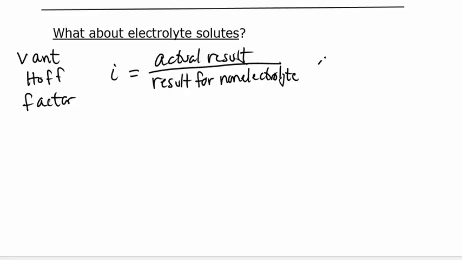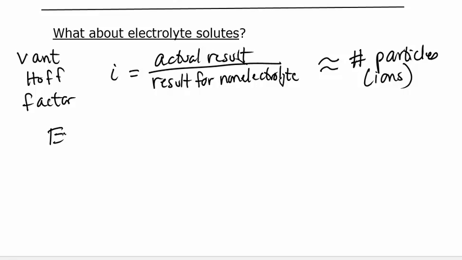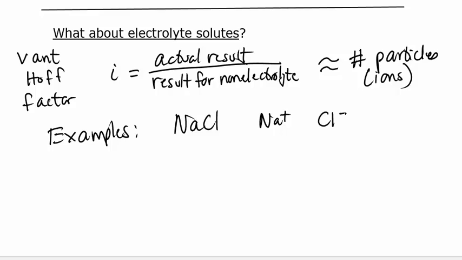And it can be approximated as the number of particles, which in this case would be ions if they're electrolytes, in solution. For example, if you have sodium chloride as your solute, when you put it in water in particular, it will separate into sodium plus ions and chloride minus ions.